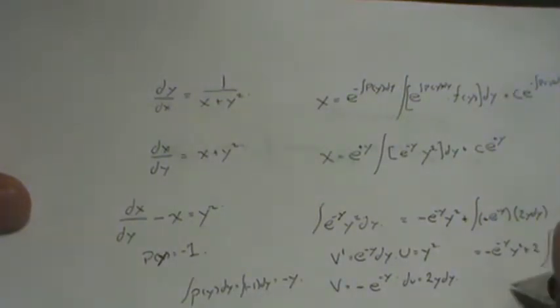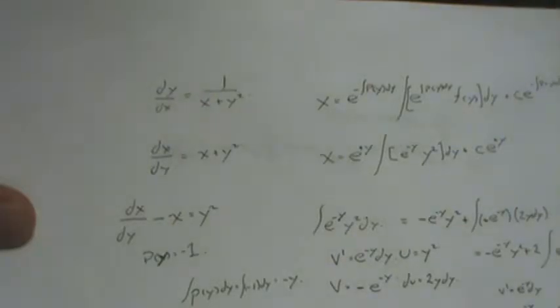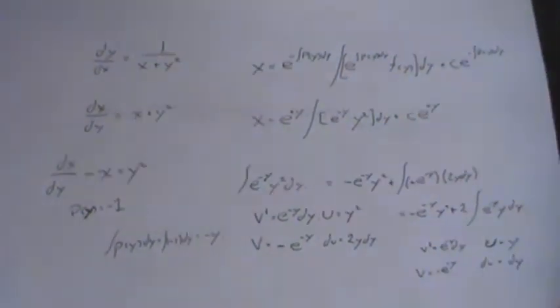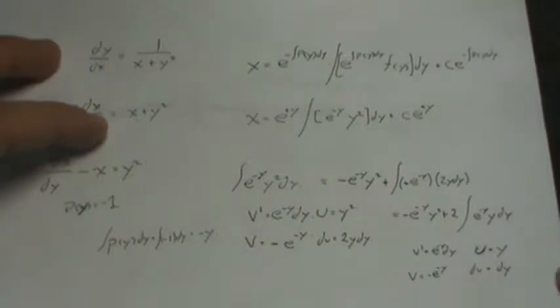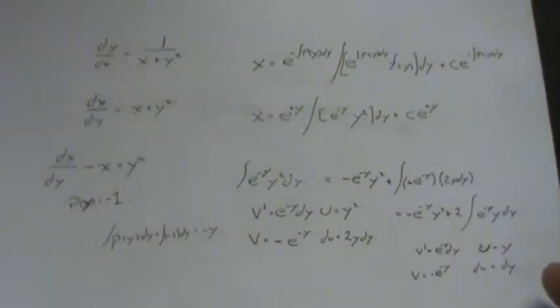So we have to do the same. Again our v prime is equal to e to the minus y dy, and our v is equal to minus e to the minus y. But now our u is equal to y, and our du is going to be dy. Sorry, I was a little bit outside of the screen.